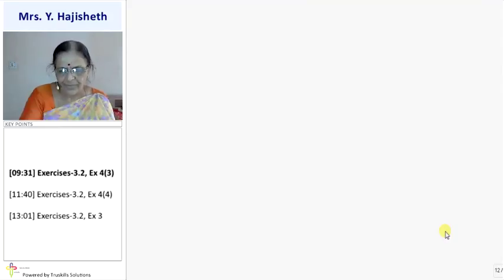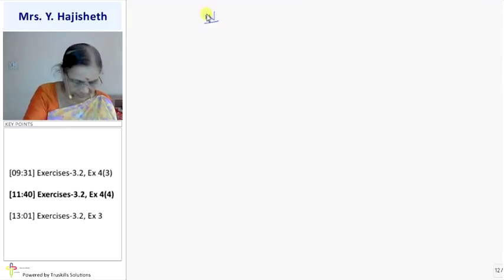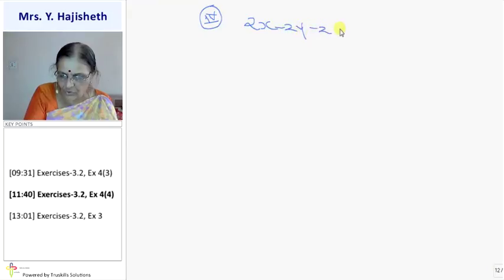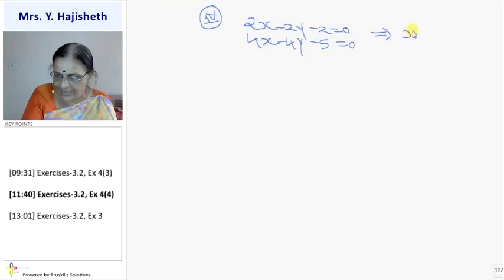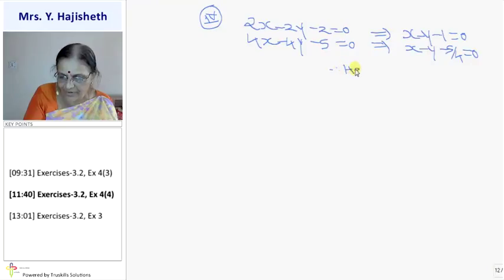Okay? Now for the next sum. See, third and fourth, the graph you draw on your own, okay? 2x minus 2y minus 2, I will check the condition for you. 4x minus 4y minus 5 is 0. Its reduced form is x minus y minus 1 is 0, and the other is x minus y minus 5 by 4 is 0. What came? Here both lines are parallel.